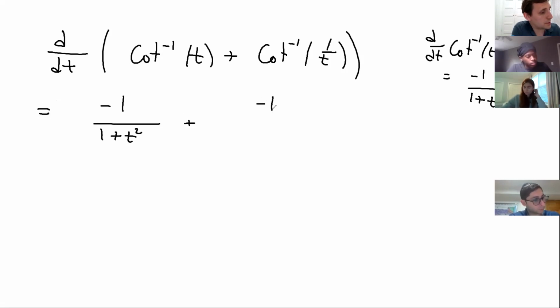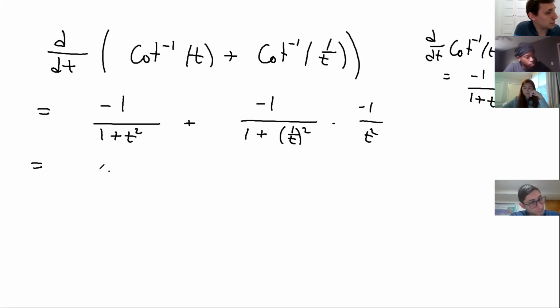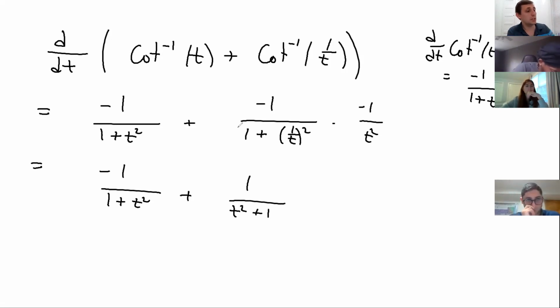It's going to be minus 1 over 1 plus 1 over t squared, but the derivative of 1 over t is minus 1 over t squared. So altogether, what do we get? We get minus 1 over 1 plus t squared plus 1 over t squared plus 1. I multiply the t squared here, and the result is 0.